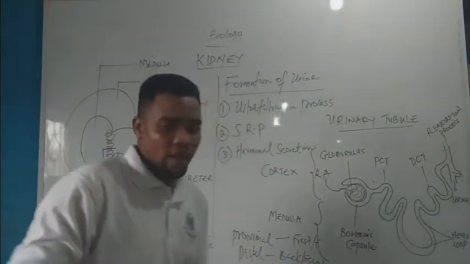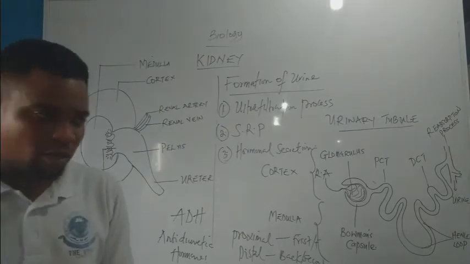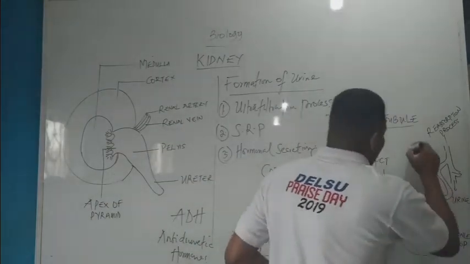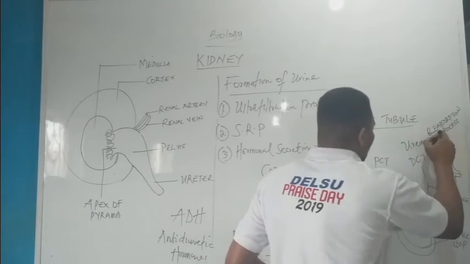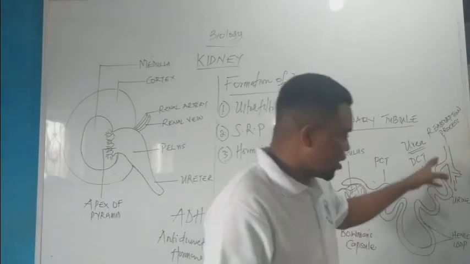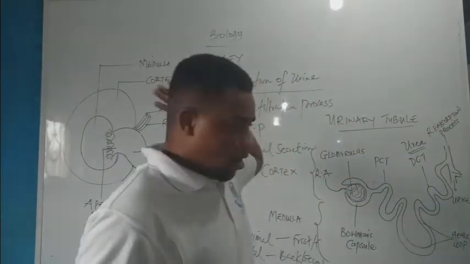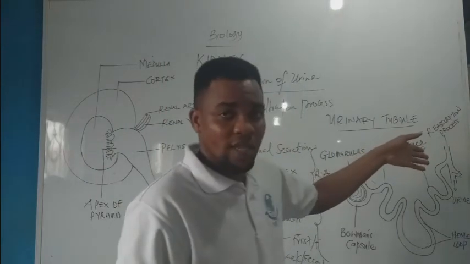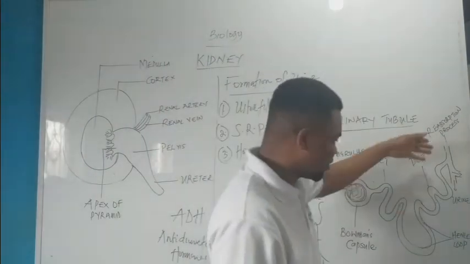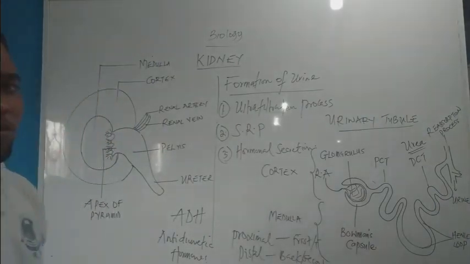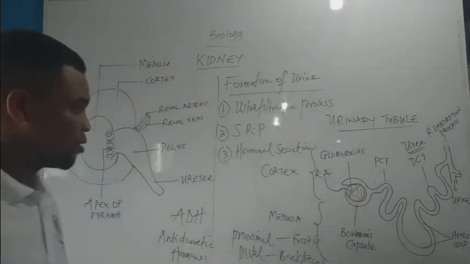Then the remaining ones are served as urine. And most times urea forms at the distal convoluted tube. So most urea are broken down into urine, and the useful part are moved straight to the body, and the unuseful part, which is the toxic and the poisonous part, are moved down as urine, go to the bladder, and the bladder is excreted through the urethra in the body. Okay, thank you for that.